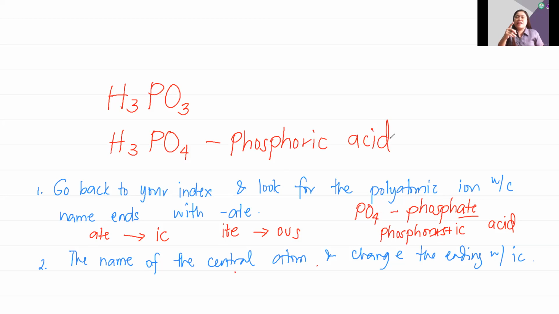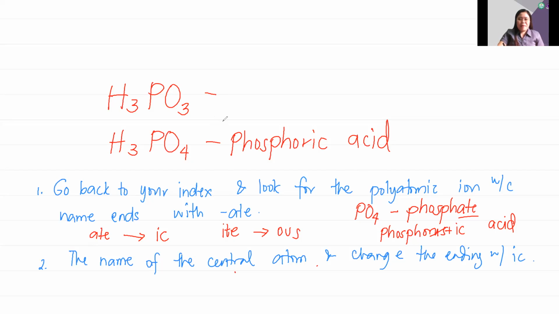Yung first natin na example, HClO4 becomes perchloric acid. Pero that is not the case always. Hindi ibig sabihin na 4 ang kanyang oxygen, per na ang start ng name niya. Always go back, class, sa polyatomic ion that ends with 8 (ate), and that will be our base acid. We call it phosphoric acid. Now, -1.